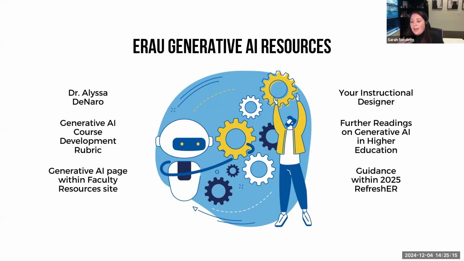And also RCTLE, a big shout out to them, because they've created some guidance in their new refresher for 2025. So there is going to be some added AI help for you in there as well. And also, just learning about the current readings on generative AI, we do have some of that listed as well to help you through that process.